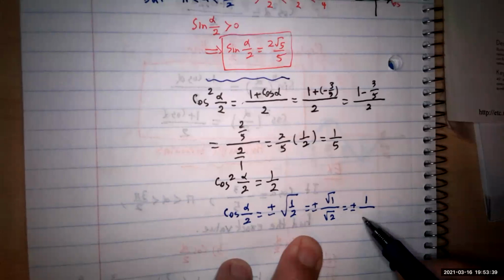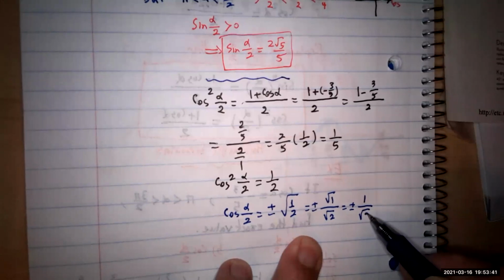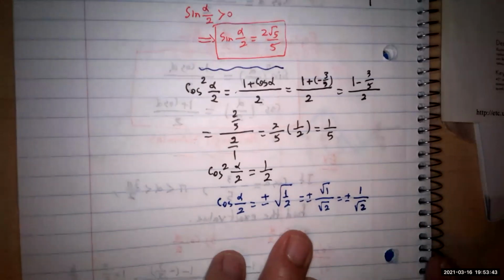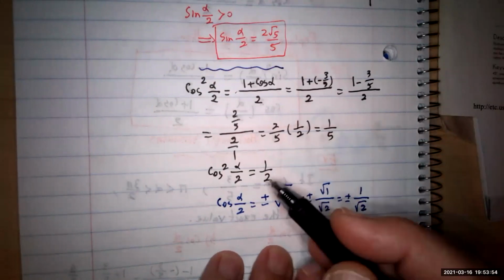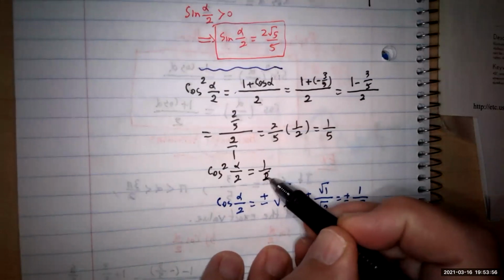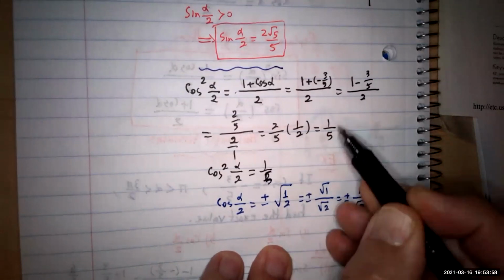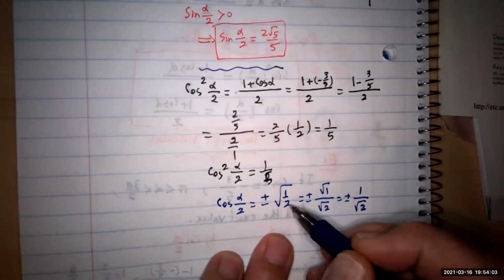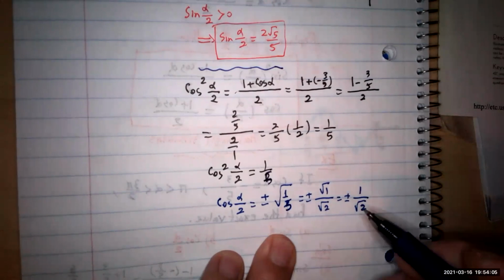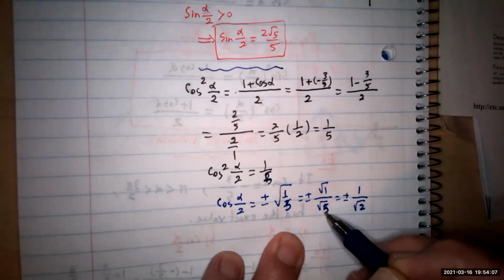Oh, I missed something, I'm sorry. It's not radical 2. I was surprised that I got the radical 2. It's a 1/5, so this is going to be a 5th.